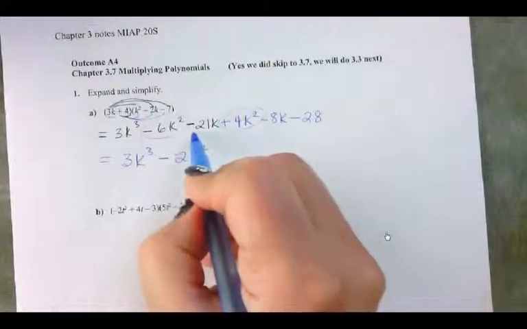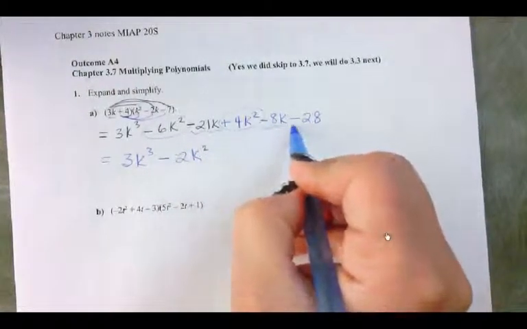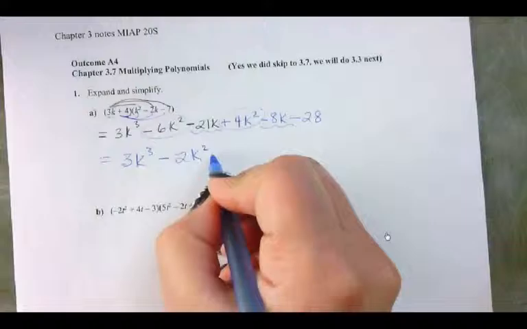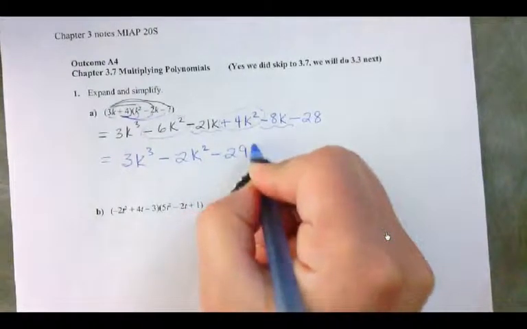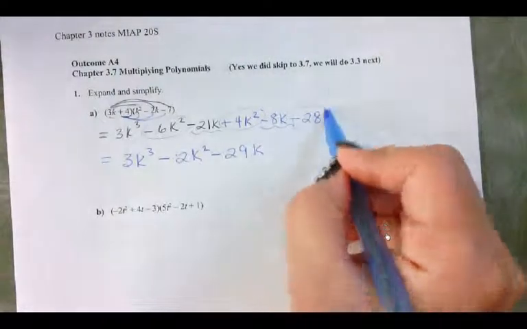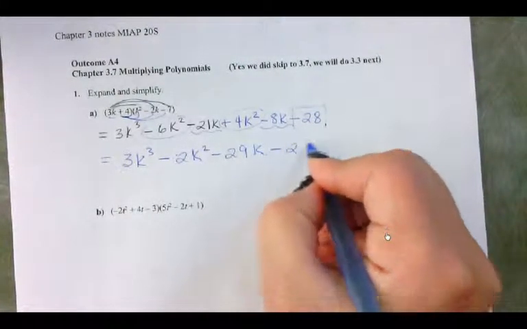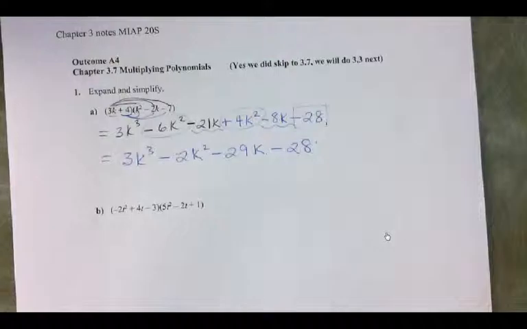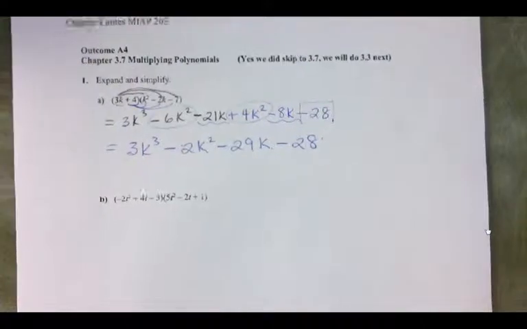And then our k's, this guy and this guy, that's going to give us minus 29k. And then finally, our constant is this guy here, so it's left with minus 28.